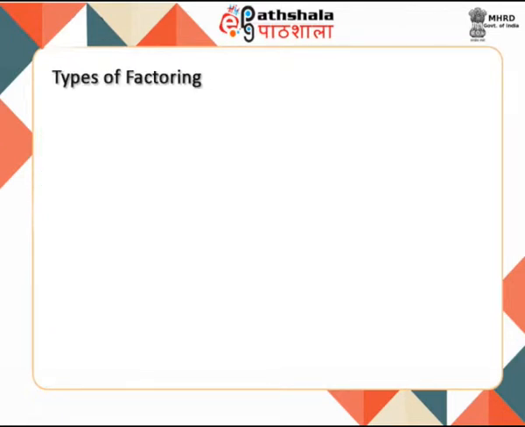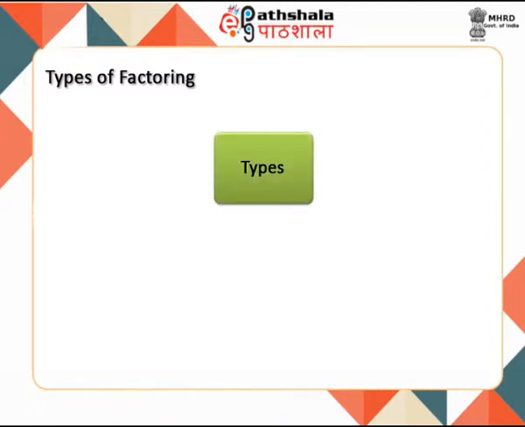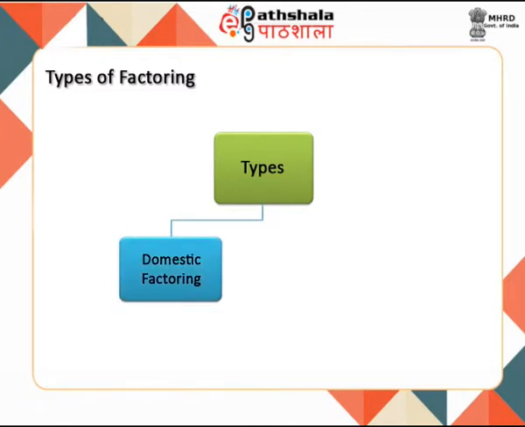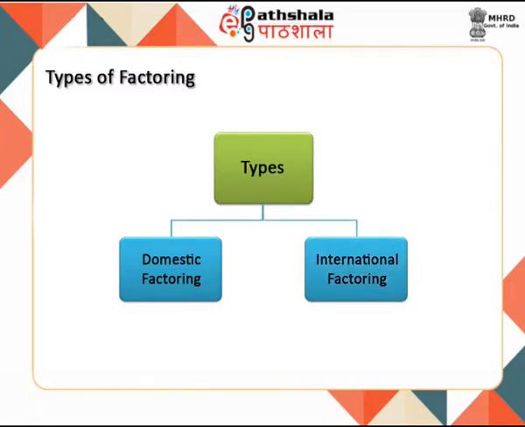We shall now proceed to the types of factoring. There are mainly two types of factoring arrangements. The first is domestic factoring. In case the parties are in the same country, it is called domestic factoring. The second is international factoring.